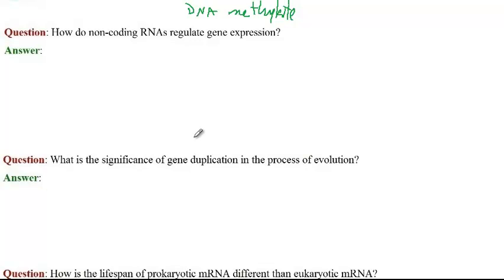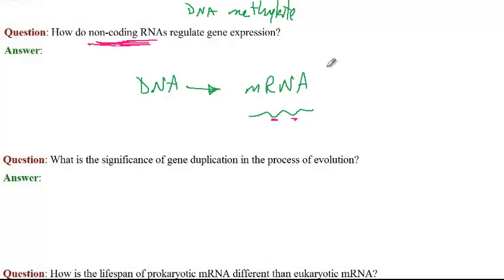So here, assume that we have our DNA transcribed into mRNA. The strand is trying to reach its destination, but then there are some small interfering RNAs that will bind to it and initiate its degradation, right? And so that's how our non-coding RNAs can regulate gene expression.